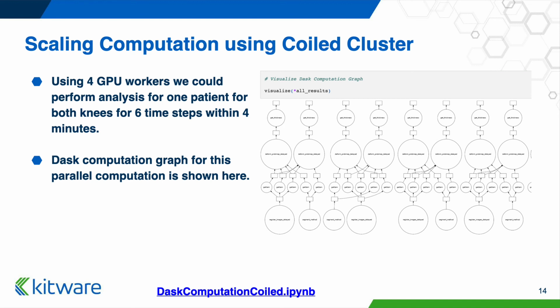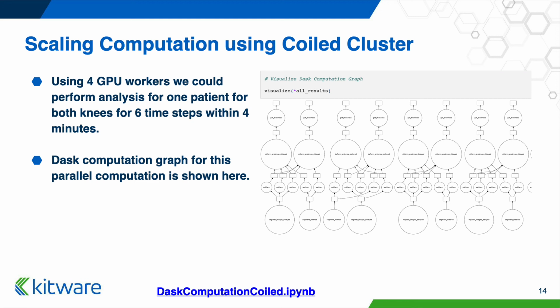Depending on the available budget, the users can spawn n number of workers in AWS instances and can perform this analysis on the entire OAI dataset. This is very helpful in performing population-based analysis also.